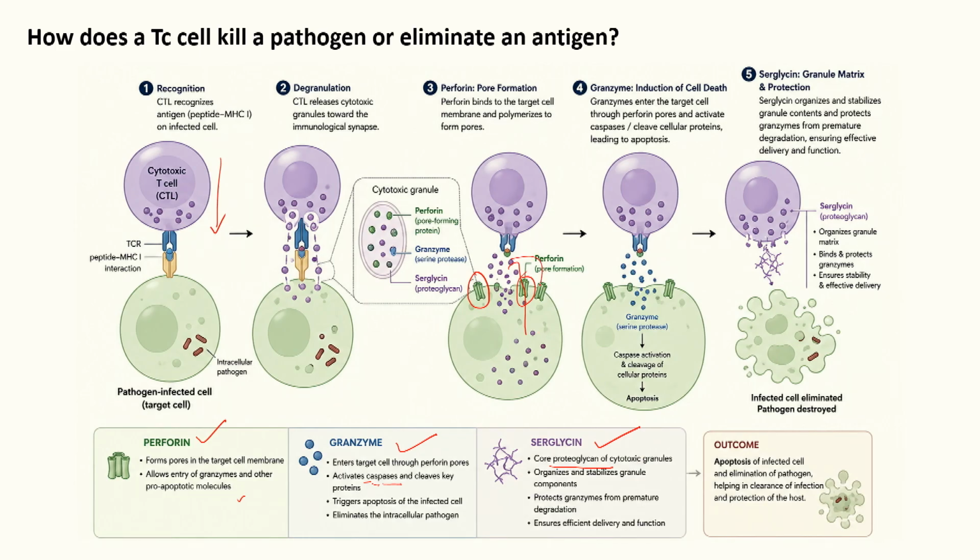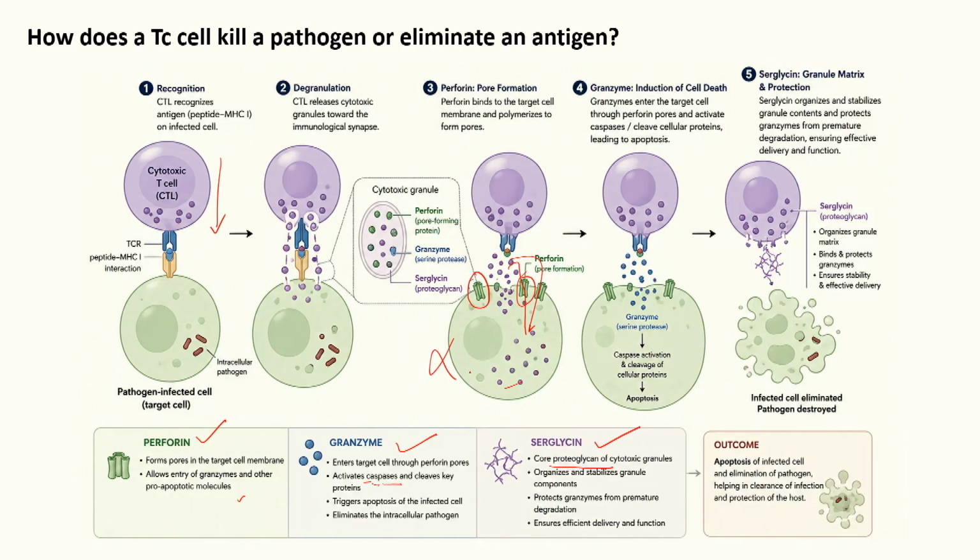And once these granules enter the cell, they can start cleavage of different proteins present in the cytoplasm, and some of the proteins they cleave can activate apoptosis, which is programmed cell death. That means the ultimate aim of this whole process is to kill the cell, and to kill the cell you need to activate multiple proteins, and one such group is the proteins involved in apoptosis.